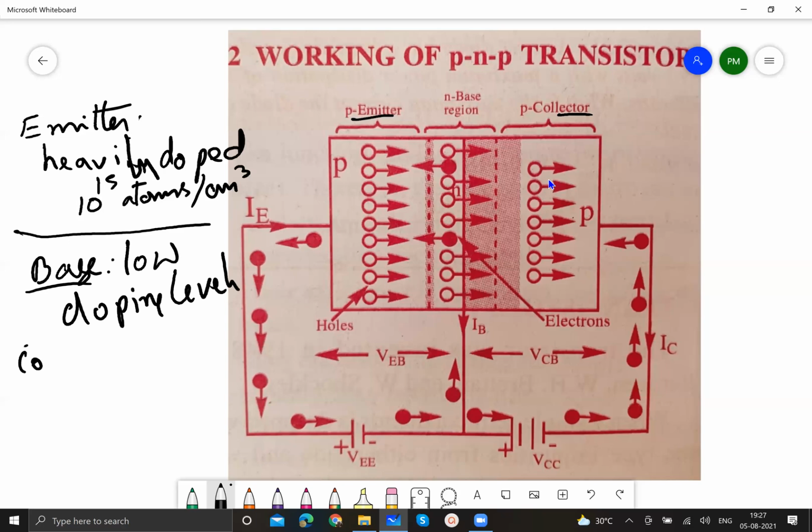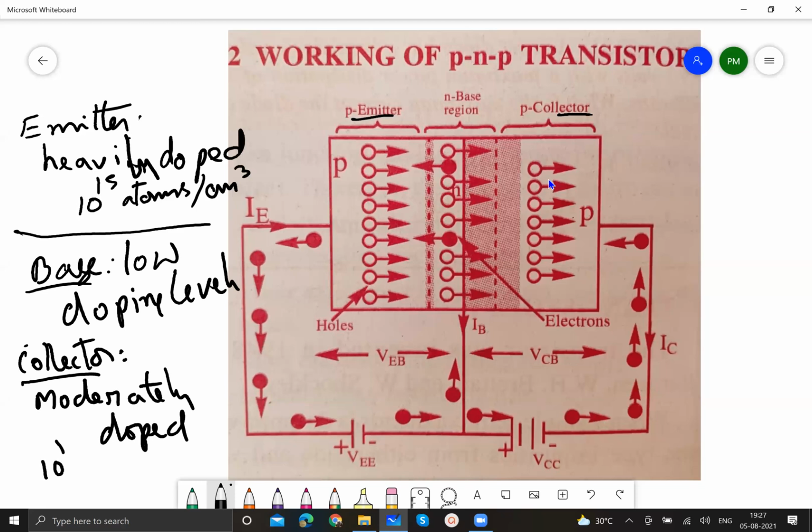And the third one is the collector. The collector is moderately doped. You need not have high doping concentrations, maybe around 10 to the power of 12 atoms per centimeter cube.